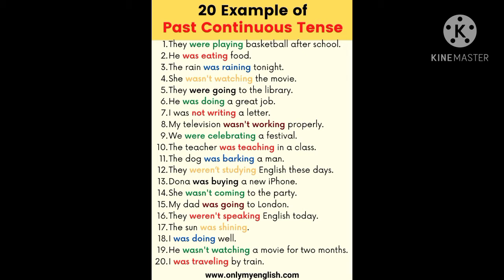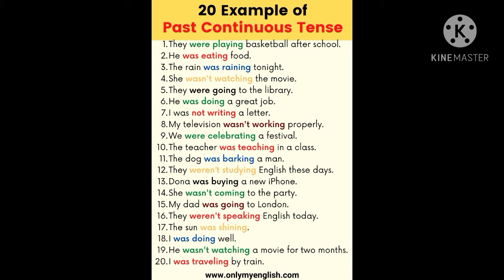They, plural pronoun, so were playing basketball. Playing, play, ing form. He was eating food. He, singular pronoun, so was eating. Eat, ing form, eating. The rain was raining tonight. So the rain, again singular subject, was raining.